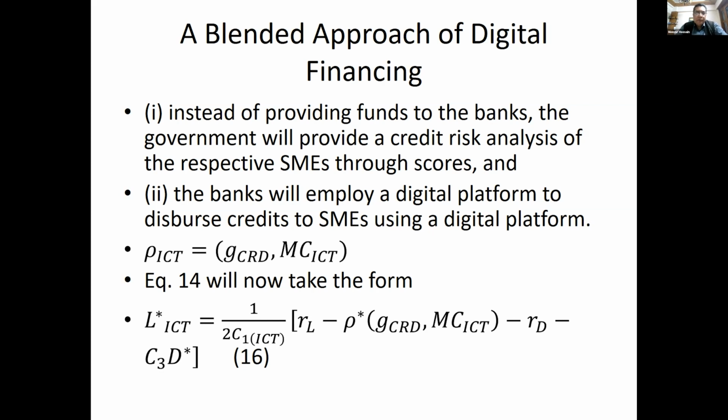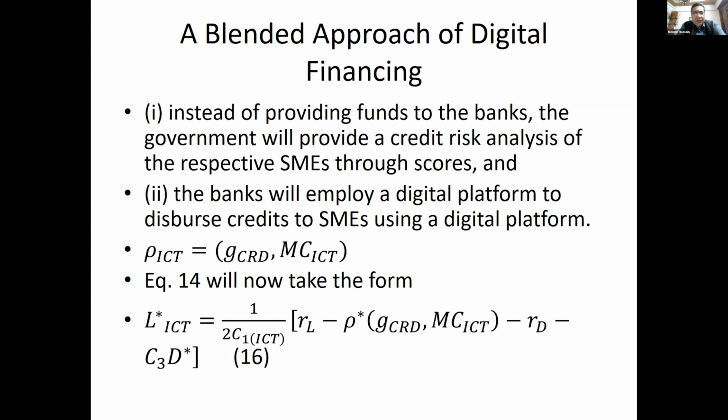So therefore, we define the default risk as a function of ICT. That is information that comes from CRD, credit risk department or database. And MC, marginal cost, is based on ICT, that means digital platform, so that it will reduce to some extent.